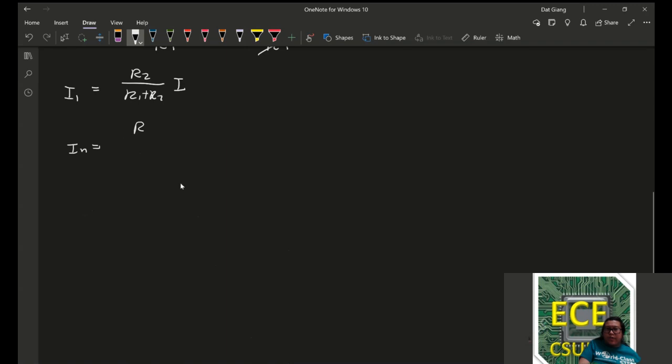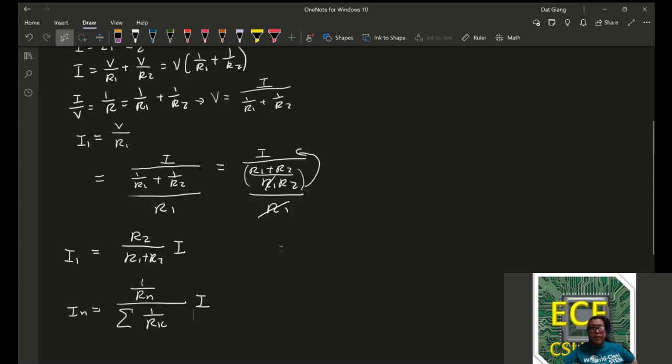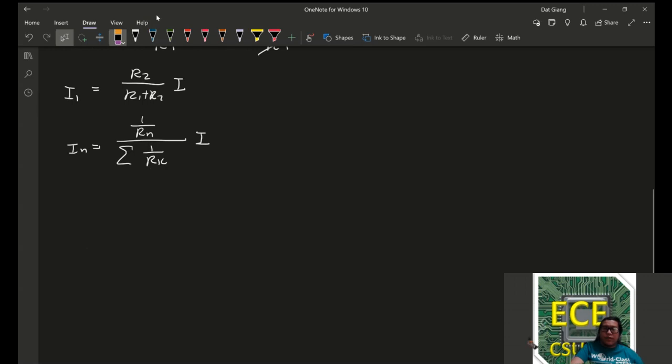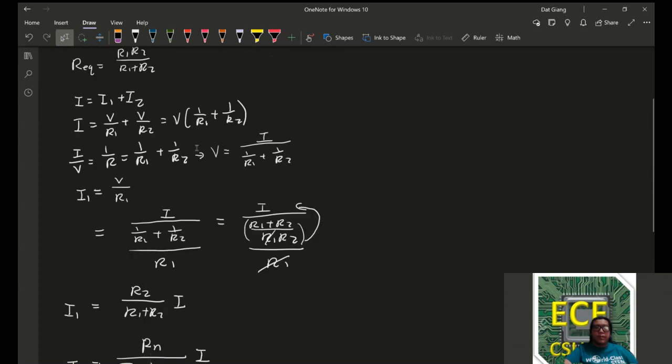This is just equal to 1 over Rn divided by the sum of 1 over Rk, times I. The reason we have to keep it this way is because sometimes you might have 3 resistors, 4 resistors, 5 resistors, and this makes the formula a little more complicated.